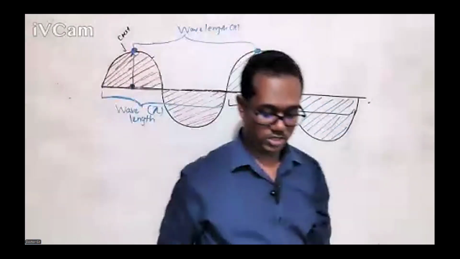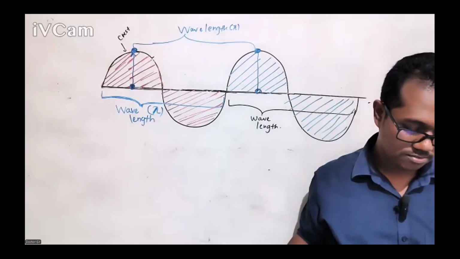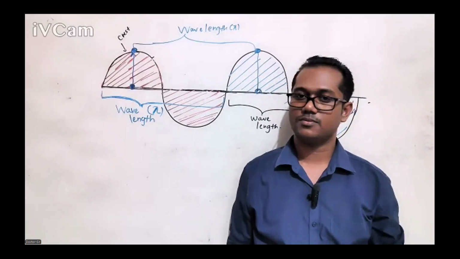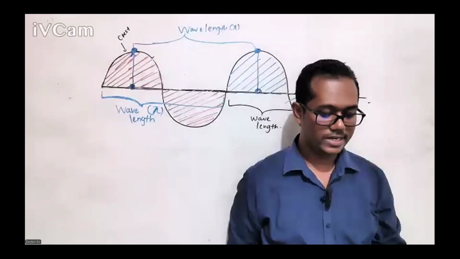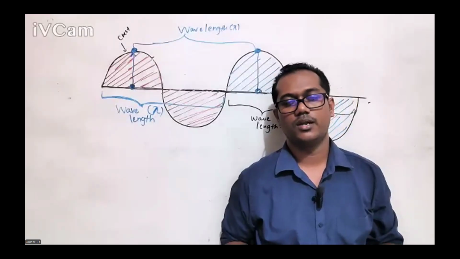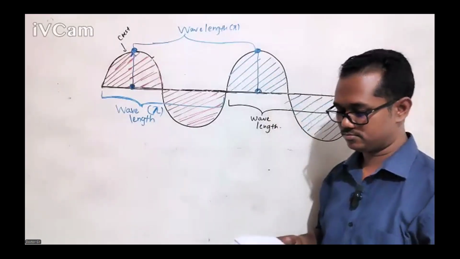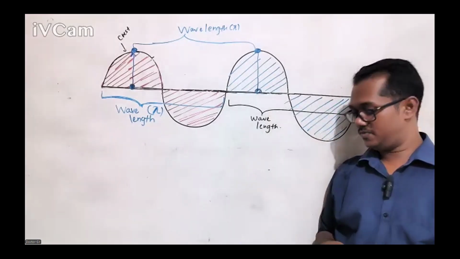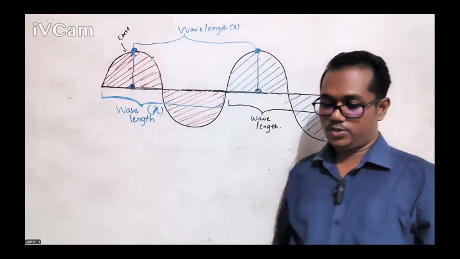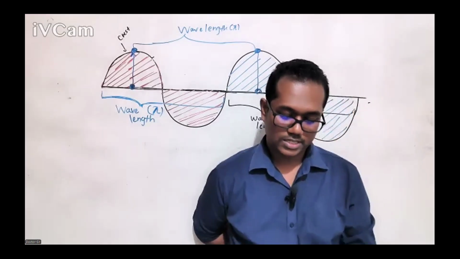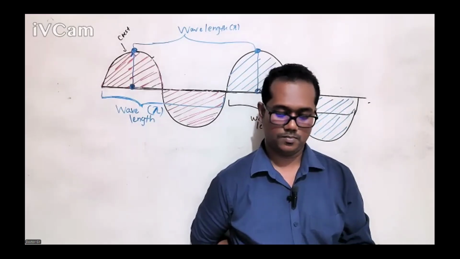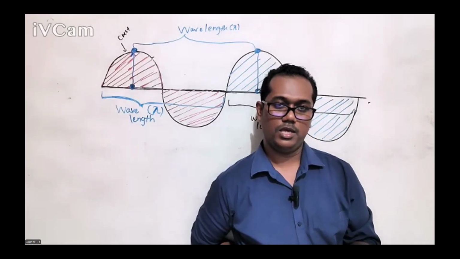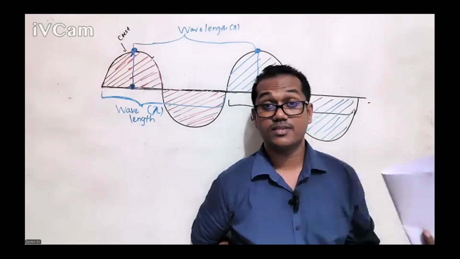So write down the things in the given spaces. Distance between two consecutive points in the same phase.